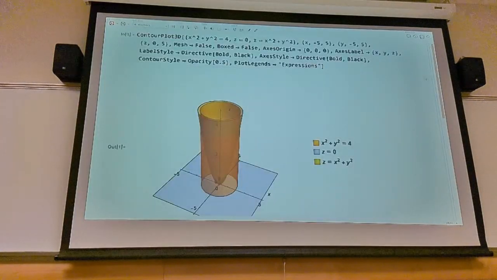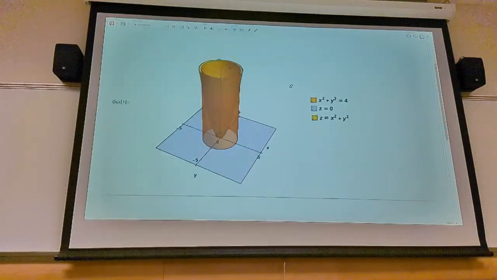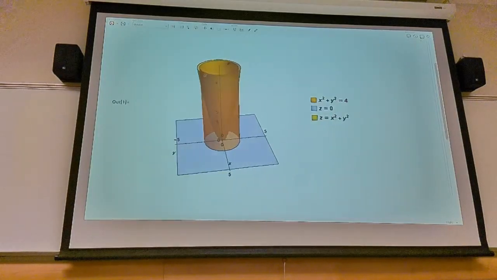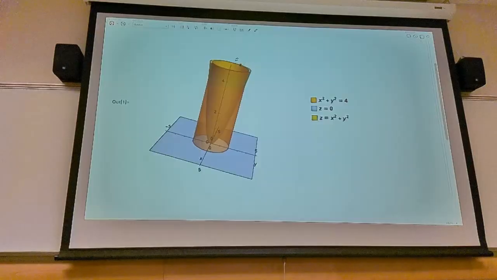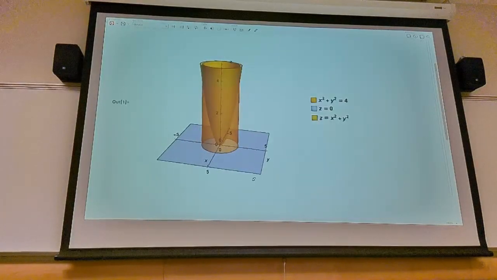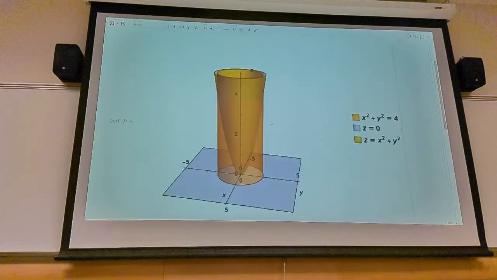Use that view. Maybe something like that. Let's get it here.